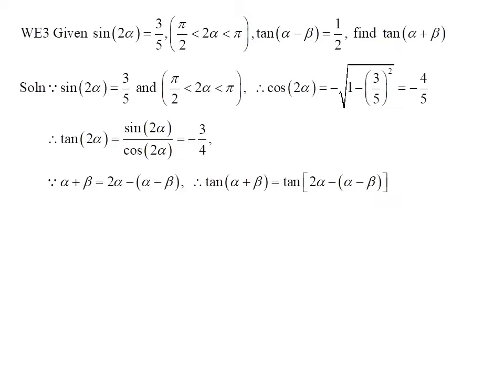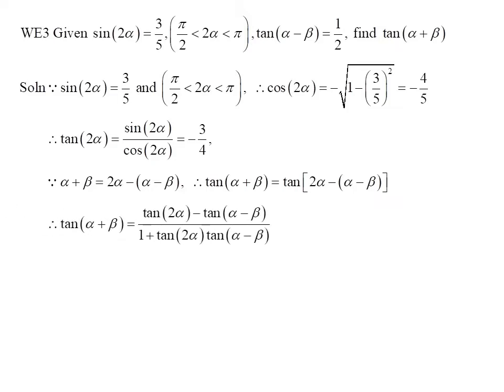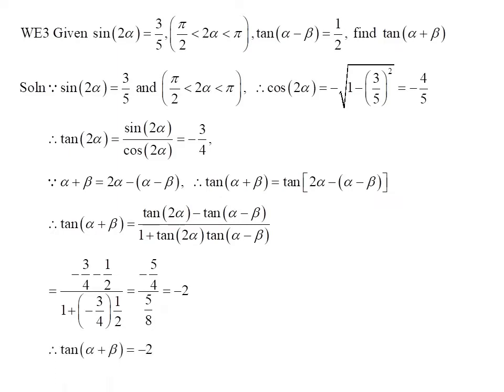Up to this point, we may apply the tangent compound angle formula to express tangent (alpha plus beta) in terms of tangent 2alpha and tangent (alpha minus beta). Since we have known the values of tangent 2alpha and tangent (alpha minus beta), after substituting their values in the expression of tangent (alpha plus beta), we obtain its value, which is -2.